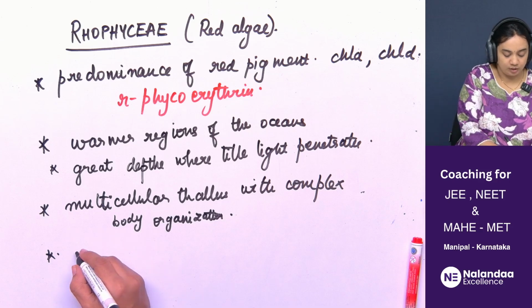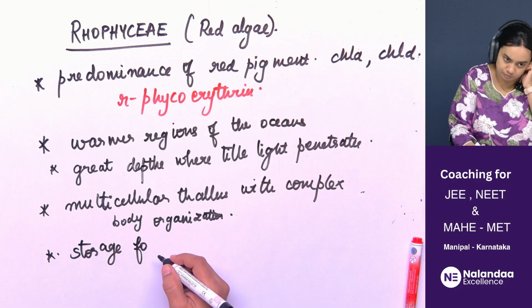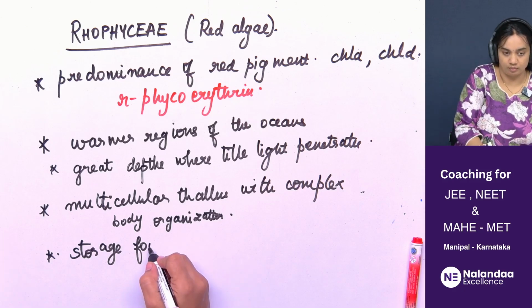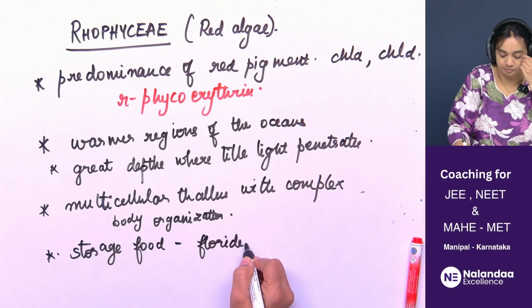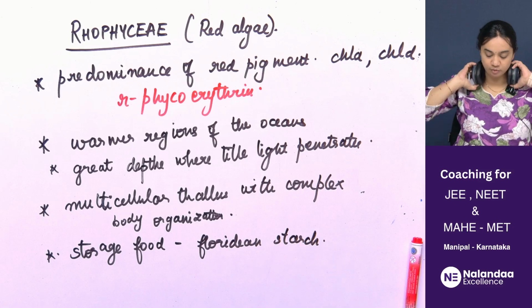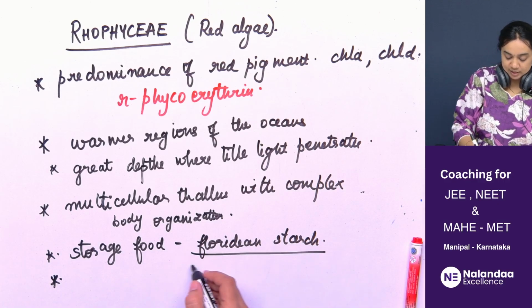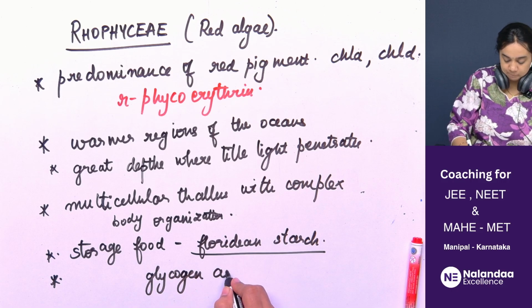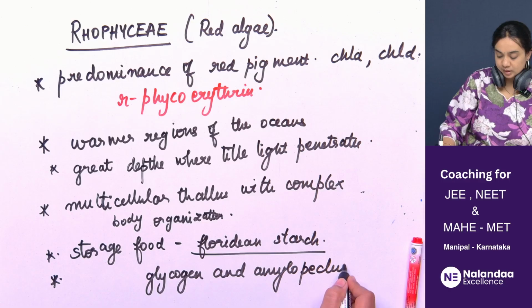And then the storage food material is called Floridean starch, and this is similar to glycogen and amylopectin in structure.